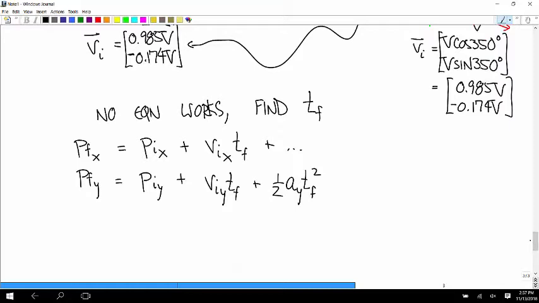What I'm going to do is come up with an expression for Tf from this first one, and then substitute it into the second one. We're going to set this up as a system of two equations for two variables.